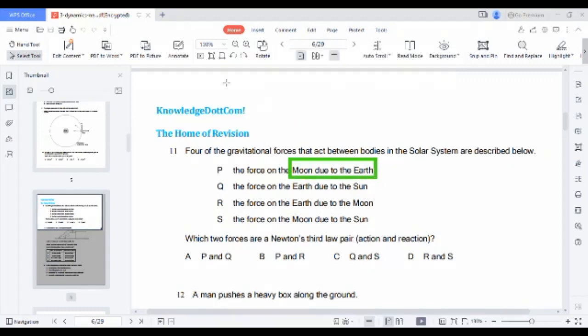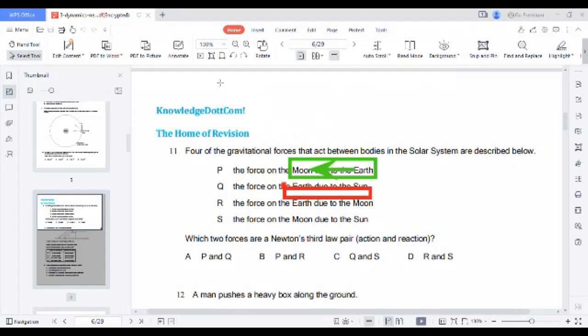Earth is applying force on the moon, so this is the direction, like Earth is applying force on moon. Or in the second case, the force on Earth due to sun, this is some different type of force.